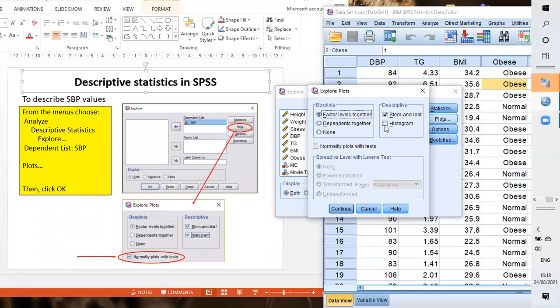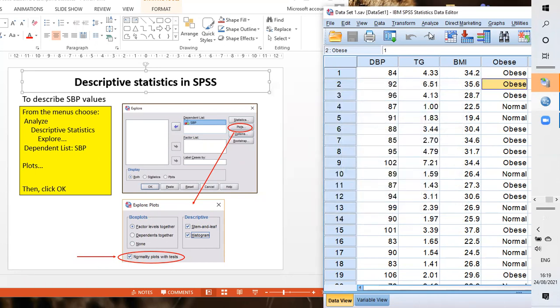The normality plots with tests. Correct. This tests whether data is normal or not. Otherwise I'd say it must be symmetrical, must be bell shape, must be plus or minus, or how to calculate all that. You tell me straight away whether normal or not. One click of a button.